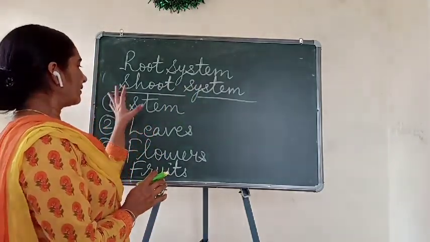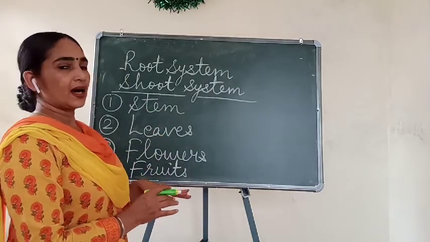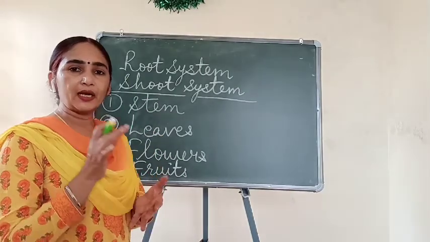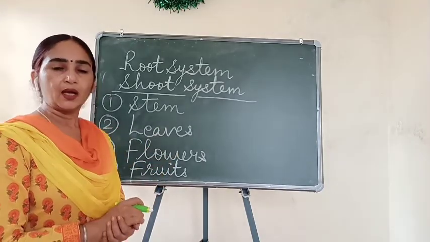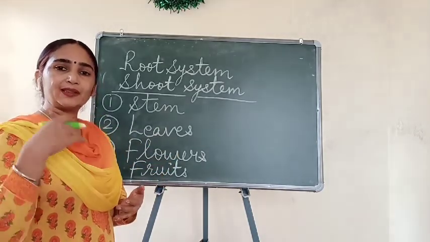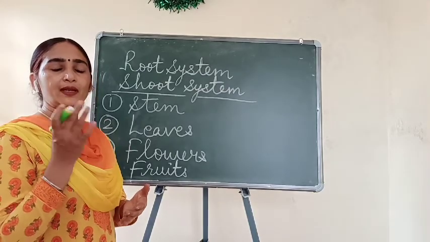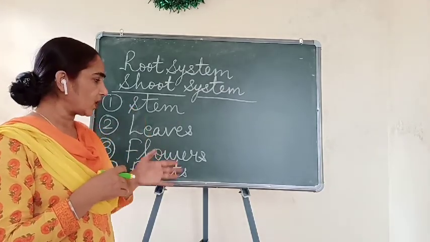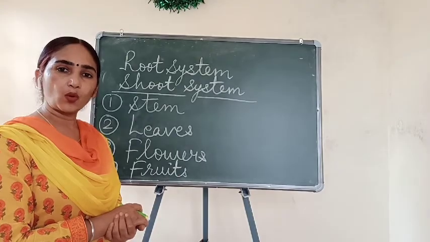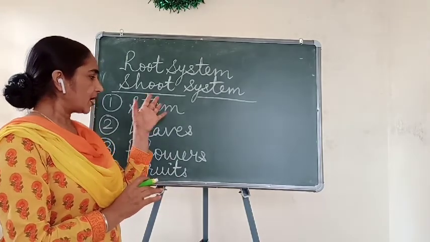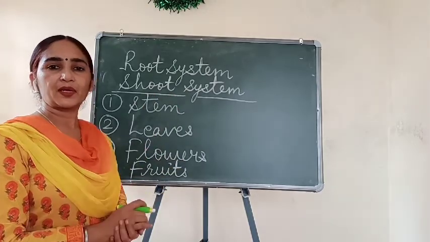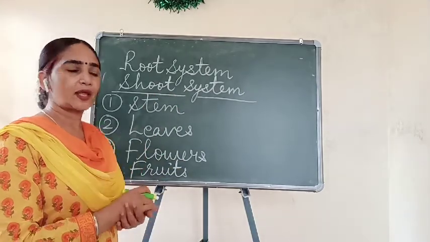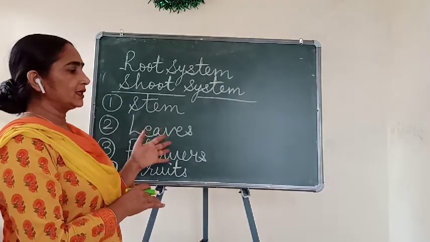Children, let's read the chapter about all these parts, because these parts are important. In the higher classes, you will study all these parts in more detail, so it is important to read the chapter. Let's read the chapter, and side by side I'll explain all these parts.